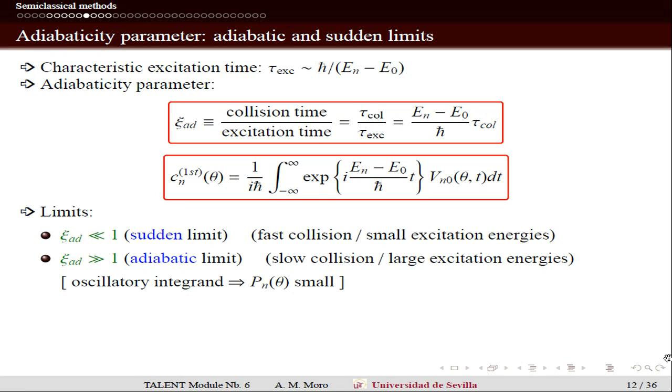So this adiabaticity parameter is a dimensionless quantity defined by this. And if you look again at the first order expression that we have just obtained, this quantity appears in this exponential, multiplied by time. In principle, this integral goes from minus infinity to plus infinity.